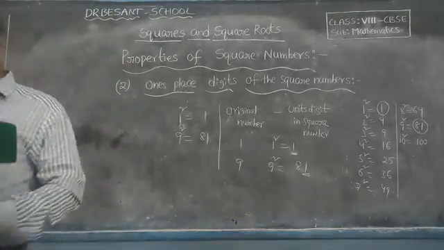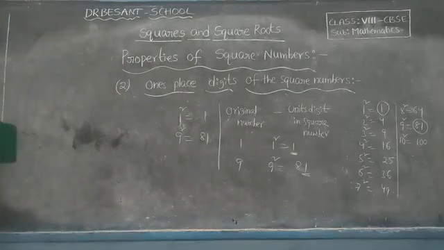Okay. Next, third rule. The square of a number has a 9 in its ones place when the original number has 3 or 7. Okay.